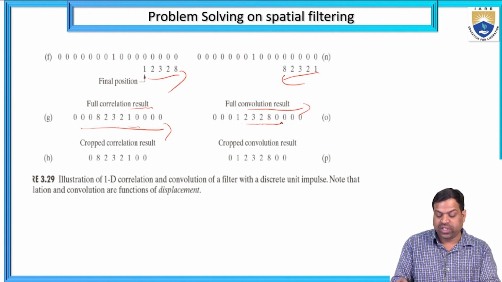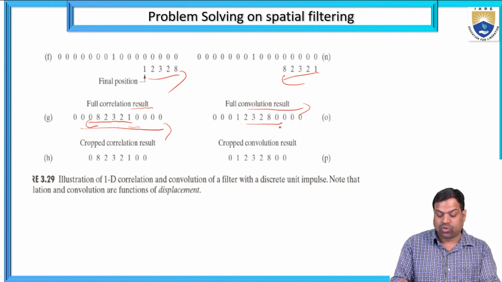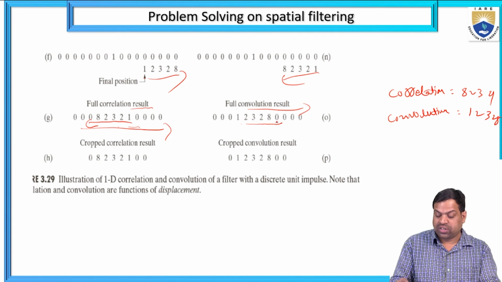12328, like this. Okay, when I go in this one, reverse order. So correlation and convolution. So correlation: 1, 2, 3, 2, 8 is 12328.